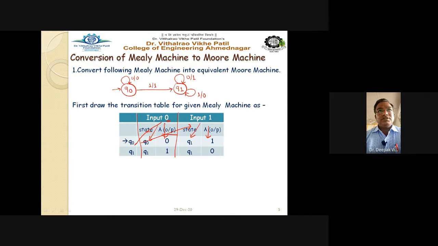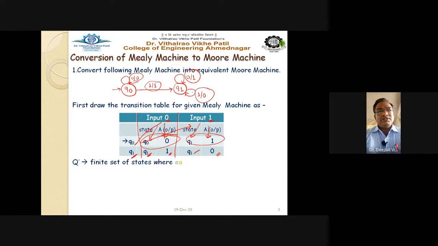So this is the first column for input 0, and this is the second column for input 1. Same case for q1. q1 on input 0 goes to state q1, produces output 1, and q1 on input 1 goes to q1 itself and produces output 0. That means this is that particular transition, right? So this thing is over.